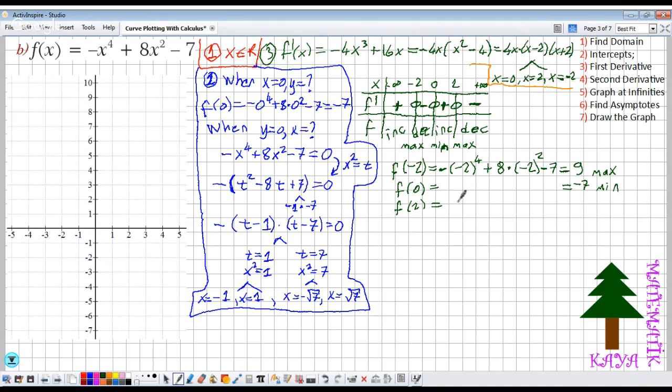It's going to be minus 2 to the power of 4, plus 8 times 2 squared, then minus 7. 2 to the power of 4 is 16, so it's minus 16 plus 32, which is plus 16, then minus 7 makes 9, another maximum value, which we call local maximums, before we complete the graph.